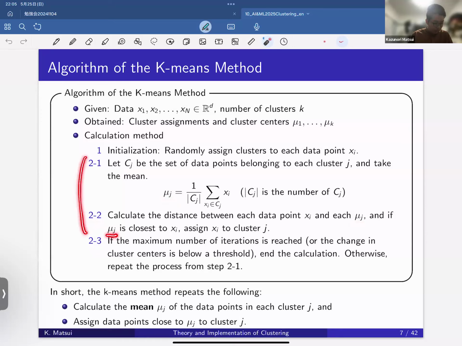We repeat this. When the location of the center of gravity doesn't change, or when the maximum number of iterations is reached, we end the calculation. Otherwise, we repeat steps 1 and 2.